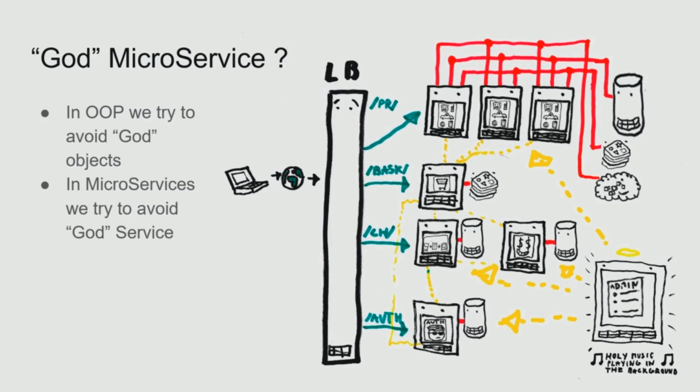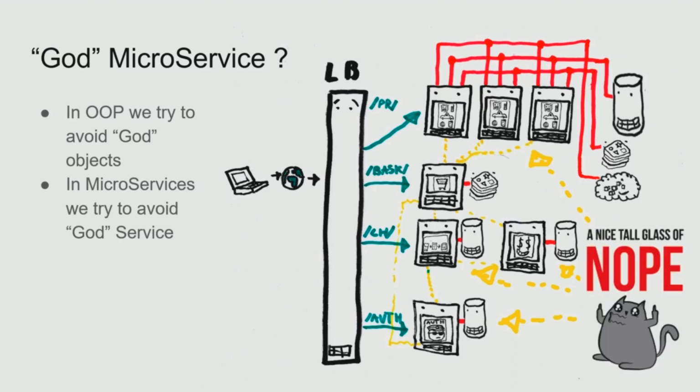And it's similar to how in object-oriented programming we are trying to avoid God objects, so objects that know too much or try to manipulate other objects. The same applies here. In the microservices world, this is an anti-pattern. In some cases you maybe want to do that, but in most cases you don't.